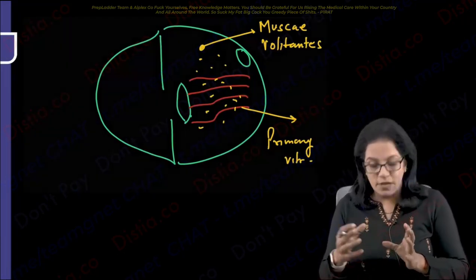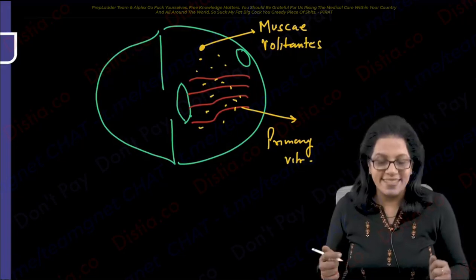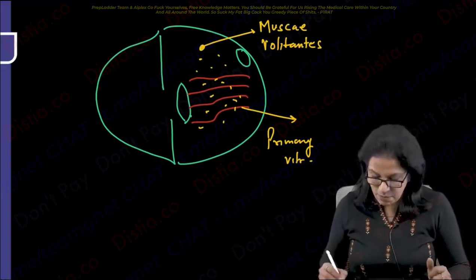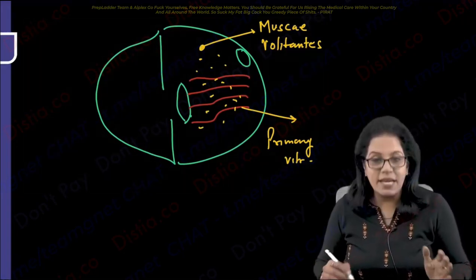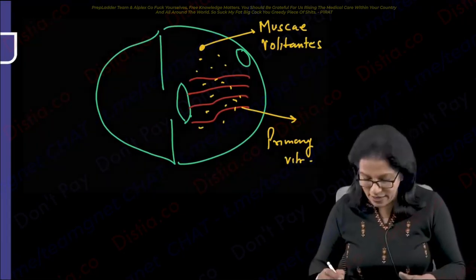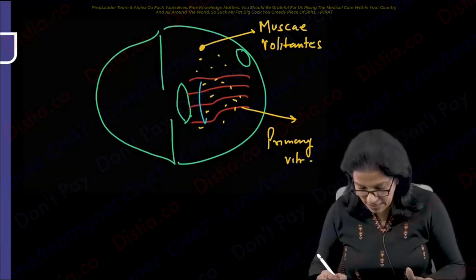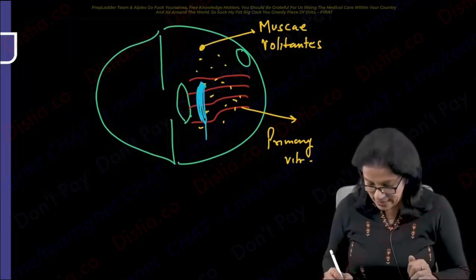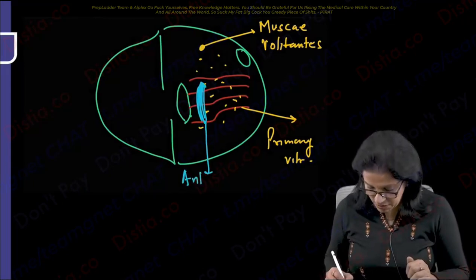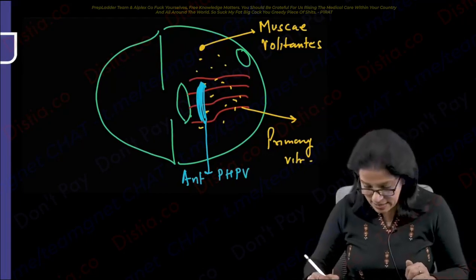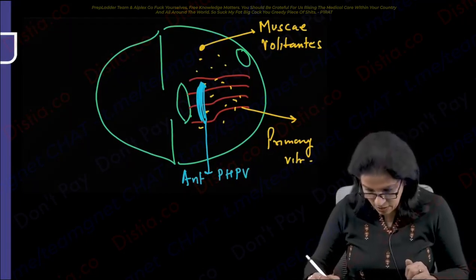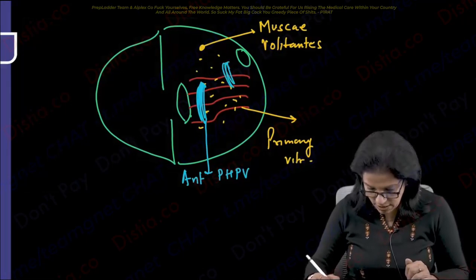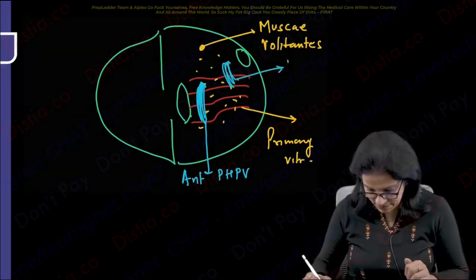Okay, if a larger chunk is left behind, then behind the lens, I'm making it in a very simplified manner, I'm making you learn along with me. Then behind the lens, this is called anterior PHPV, persistent hyperplastic primary vitreous, and near the optic disc it is called posterior PHPV.